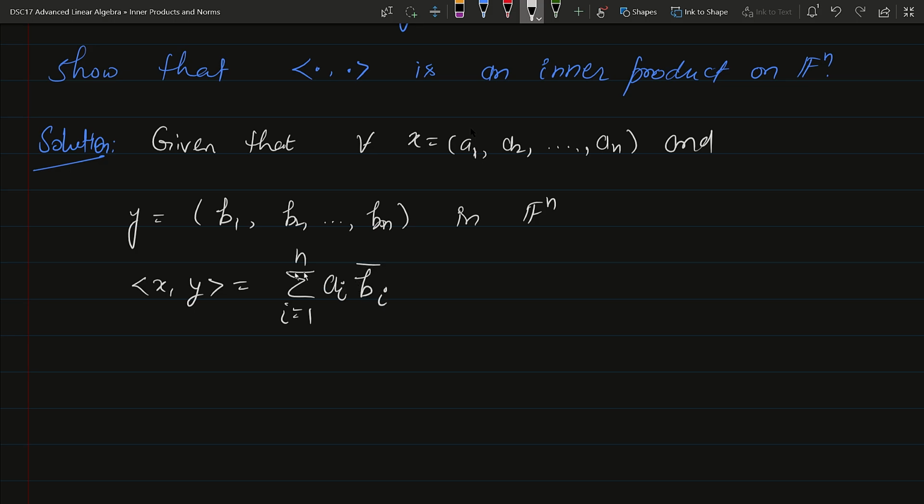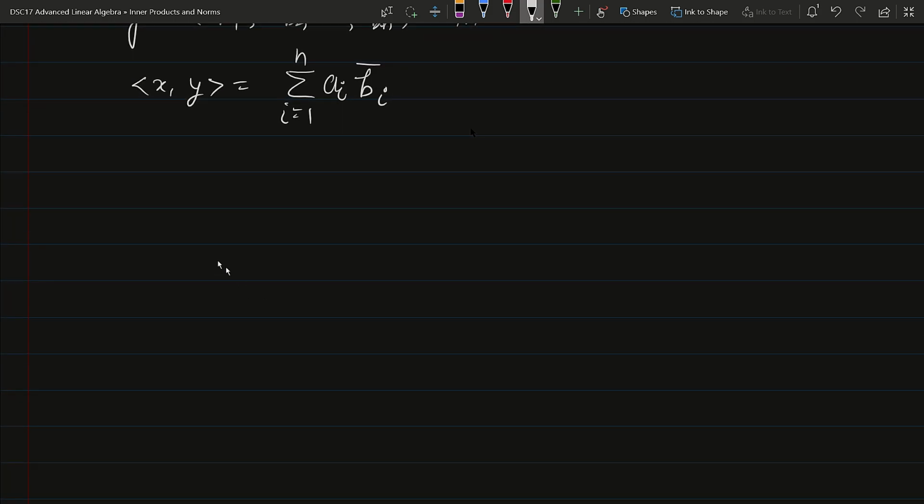So what we are doing here कि हम x से फर्स्ट कंपोनेंट ले रहे हैं और y के फर्स्ट कंपोनेंट का कॉम्प्लेक्स कंजुगेट लेके उसको मल्टीप्लाई कर रहे हैं. Then this resultant quantity we are adding to the multiplication of a2 and b2 bar. So we are taking the respective components of x and y और इस तरीके से हमने ये एक फंक्शन डिफाइन किया है.